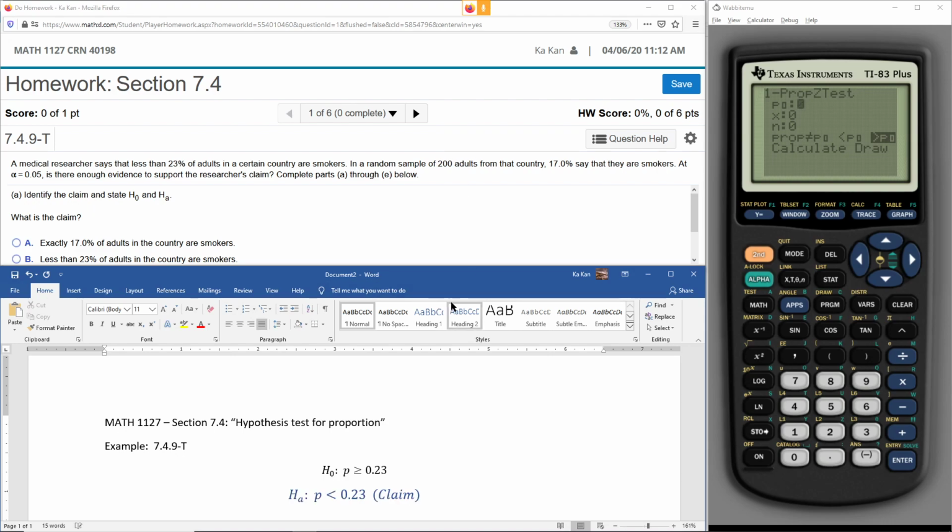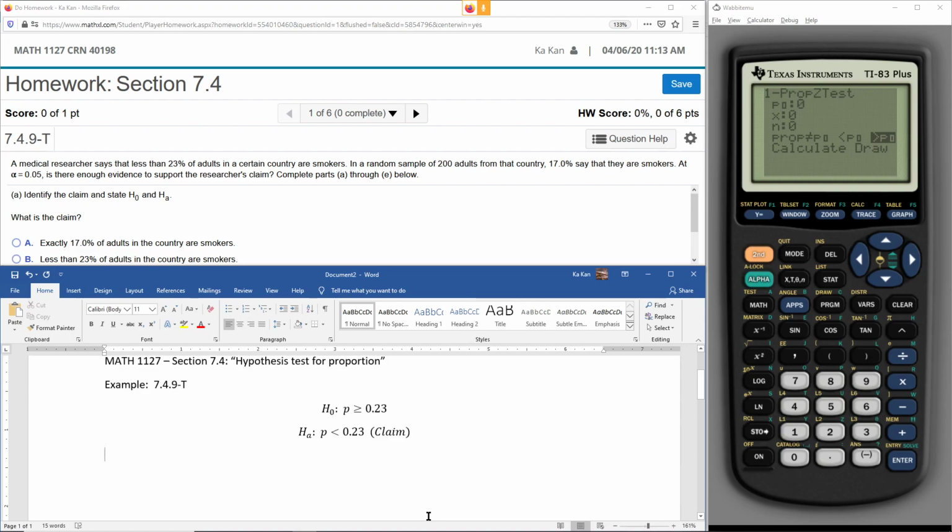Let's just talk about the coronavirus, right? If somebody says we have less than 23% of people who will test positive, in theory, in this random sample, they picked 200 people. So you can say n equals 200.